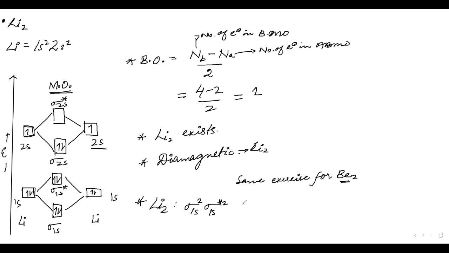Then we will write sigma 2s2, sigma star 2s2. Correct? So why sigma star 2s2? I'm asking, that is why I asked correct or not. No, this will be 0. This will be not present. Okay, up till here.